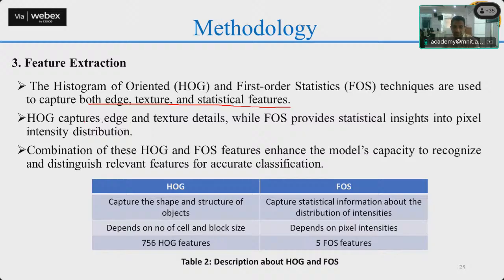HOG captures edge and texture detail while FOS provides statistical insights into the pixel intensity distribution. The combination of HOG and FOS features enhances the model's capacity to recognize and distinguish relevant features for accurate classification. So this is the edge and texture detail, this is basically at the neighborhood level, and this is at the global level. All of that has been incorporated.